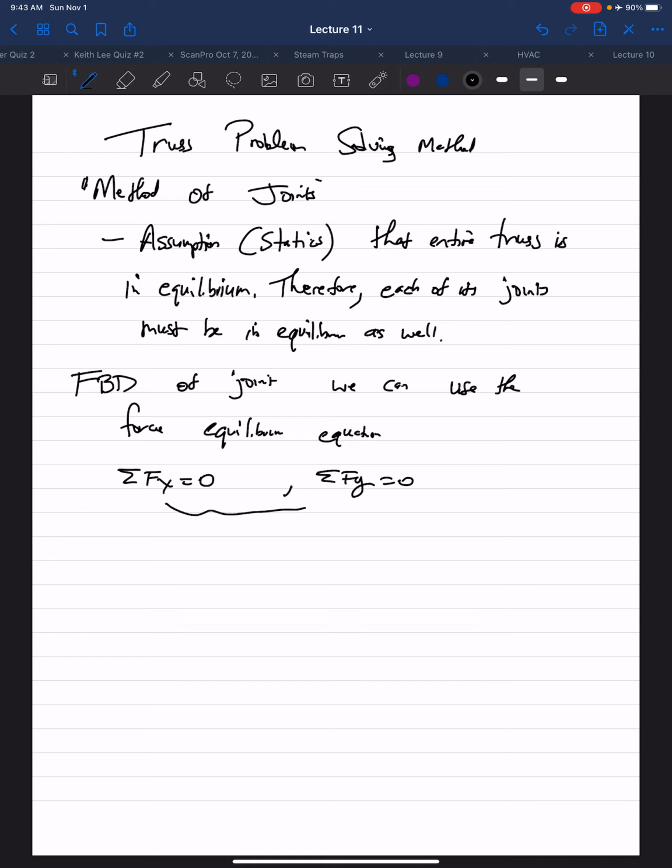And we use these two equations to determine the member forces acting on each joint.